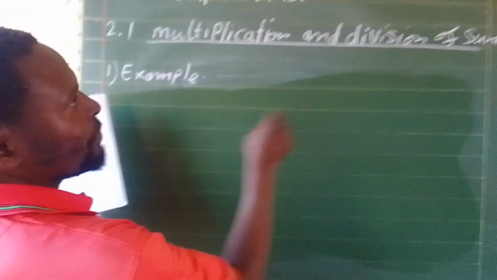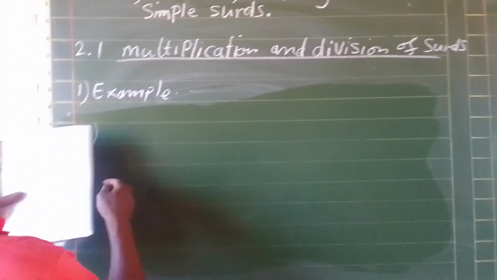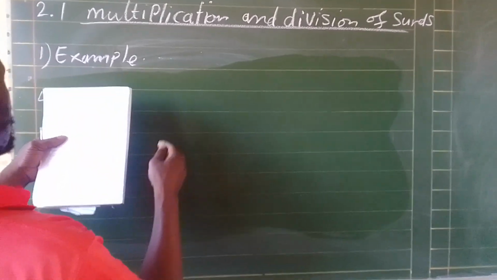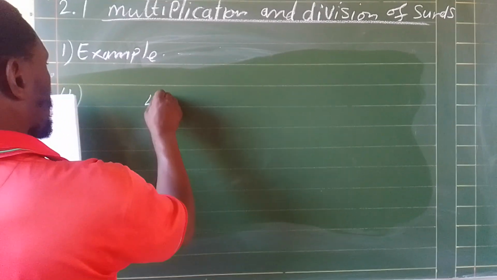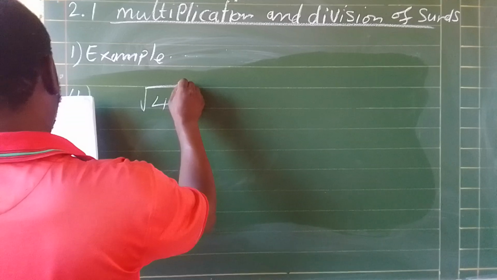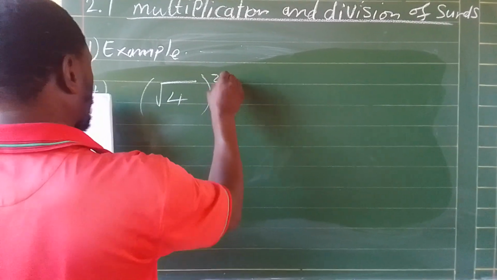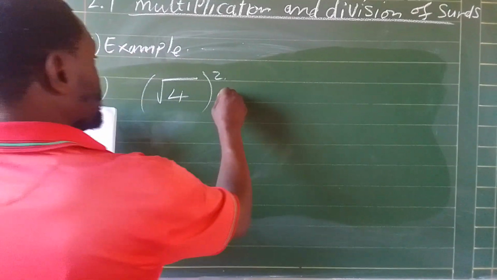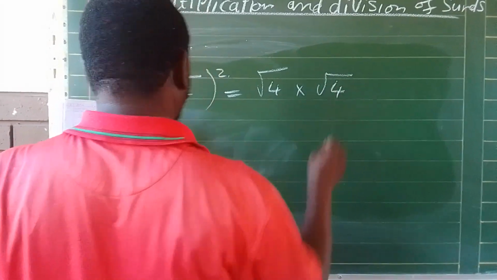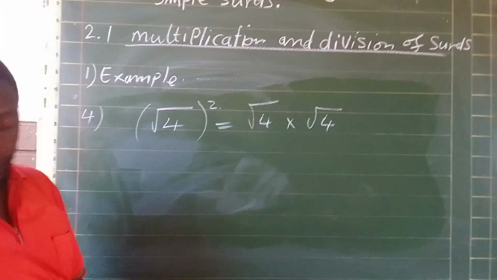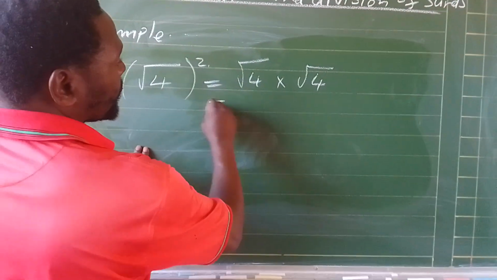Example number 4. Let's see what example number 4 contains. Example number 4 has the square root of 4 squared, all squared. This is the same as the square root of 4 multiplied by the square root of 4.